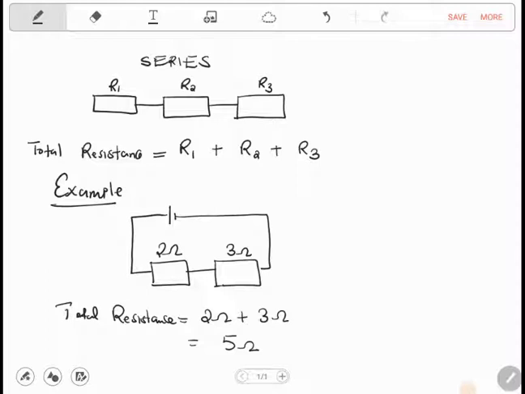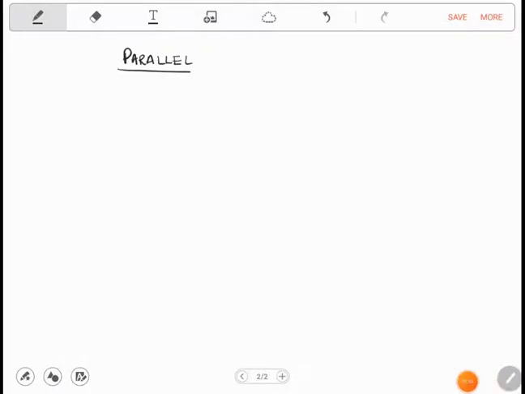Let's look at parallel. Now, resistance in parallel is a little bit different from those in series. When you have 2 or more resistors connected in parallel, this is how you do it. So let's say I have this resistor in parallel with the other resistor.